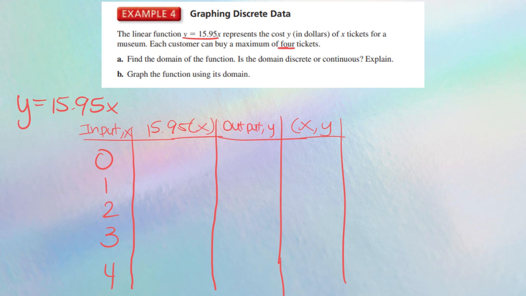So what is 15.95 times 0? It's going to be 0. So our first ordered pair is going to be 0, 0. Correct? Because we have our x and our y. What about when I purchase 1 ticket? What's going to be my output?